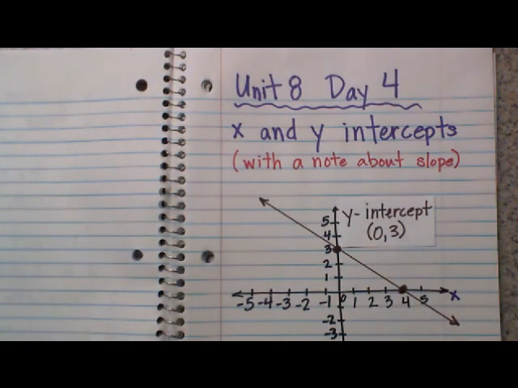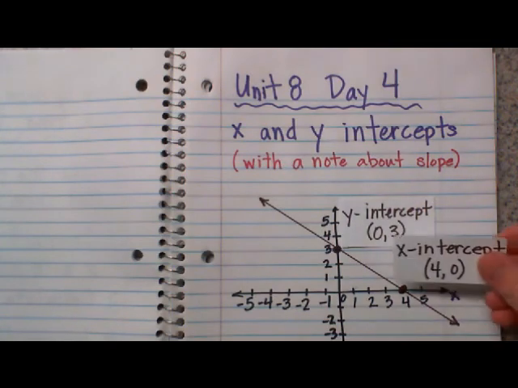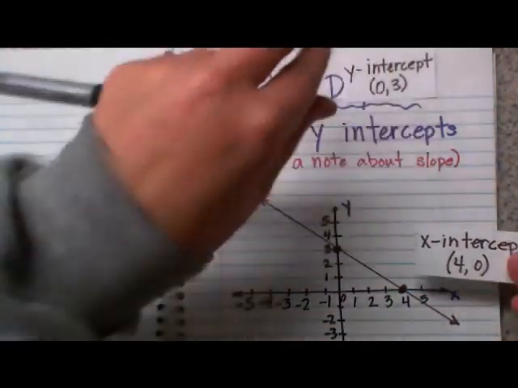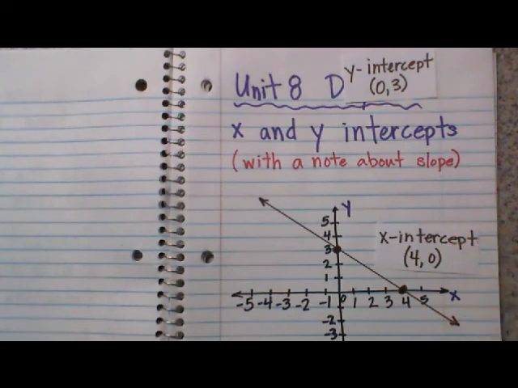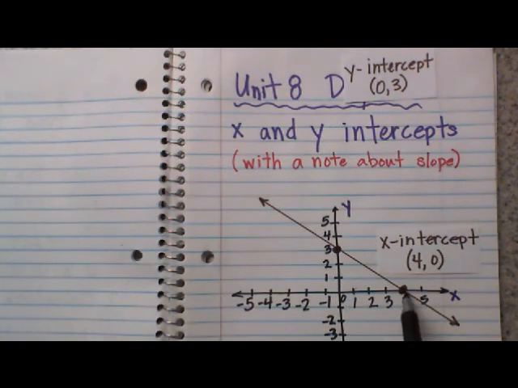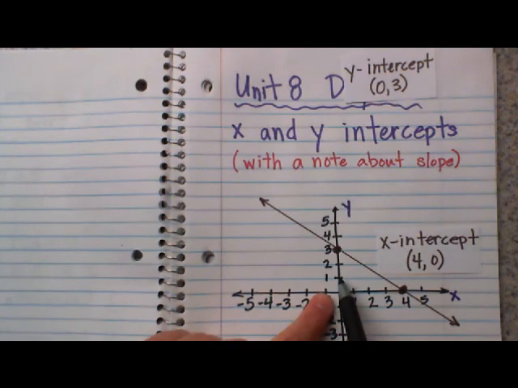We can have the same discussion about the x-intercept. Let's talk about the x-intercept. When the line crosses the x-axis, it's when y is at 0, right? I mean, we're not up here at y equals 1. We're not down here at y equals negative 1. We're right here at y equals 0.